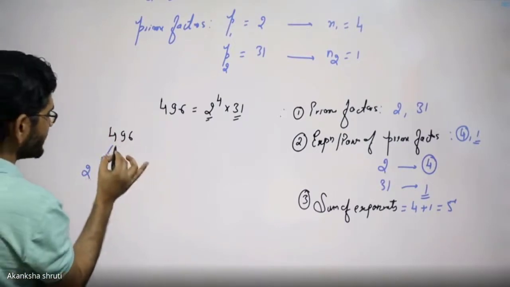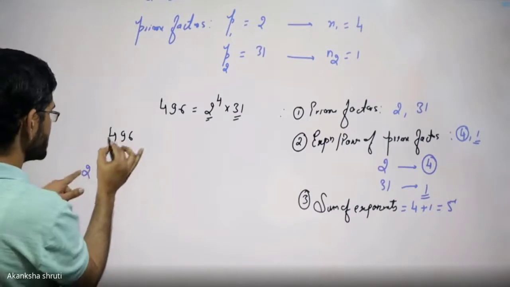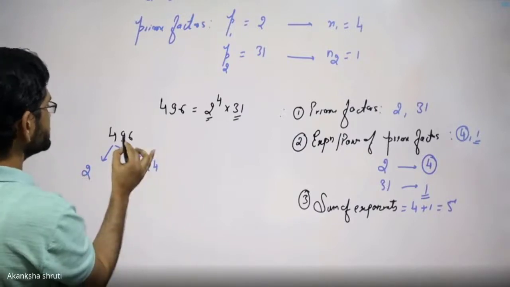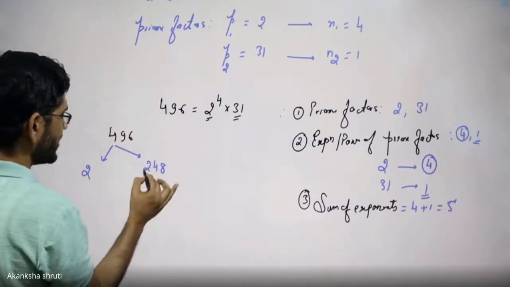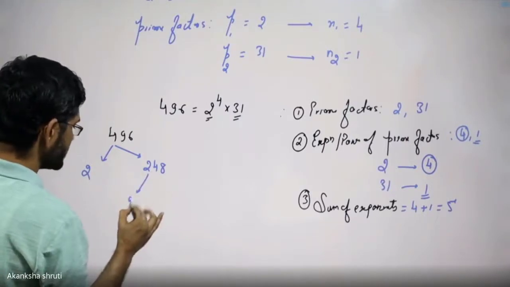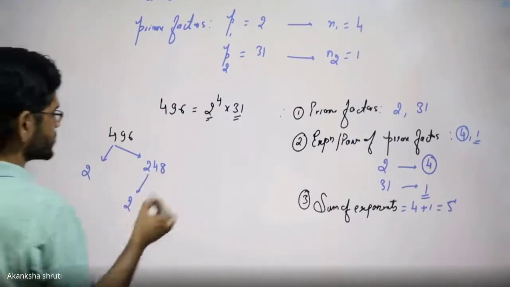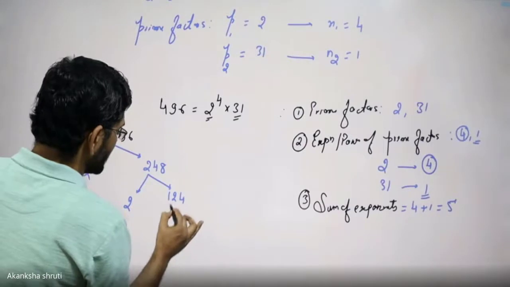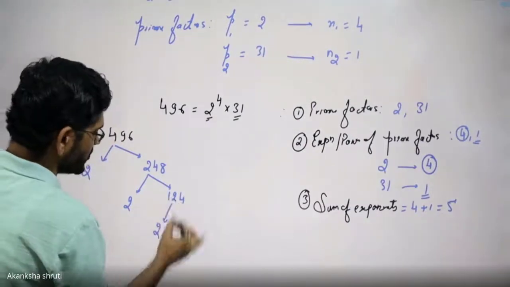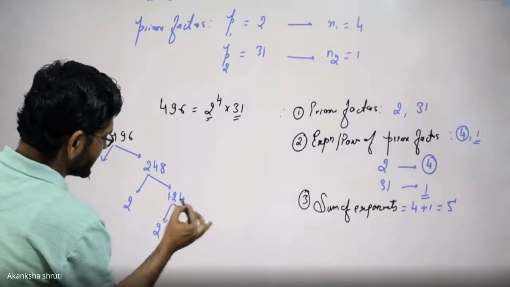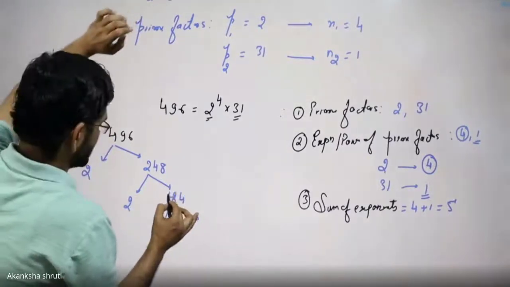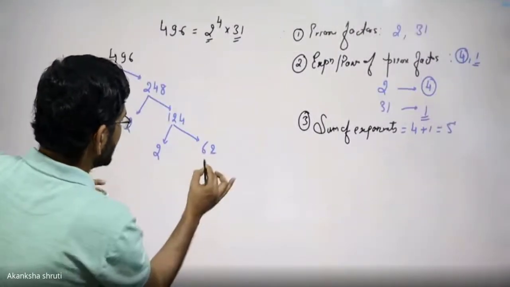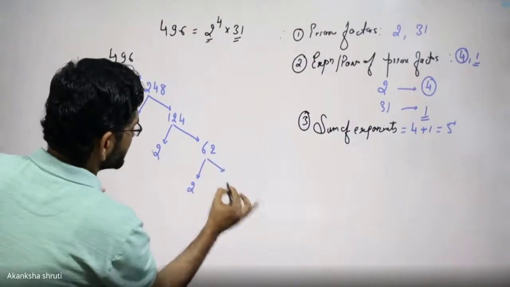On dividing, we get the other part: 496 divided by 2 gives 248, then 124, then 62. Further divisible by 2, we get 31 in the end, and we are left with 31.